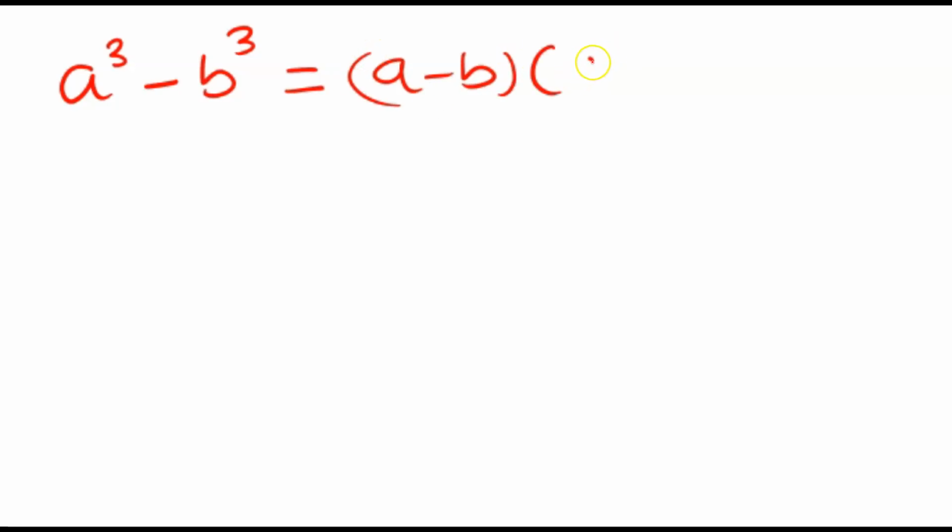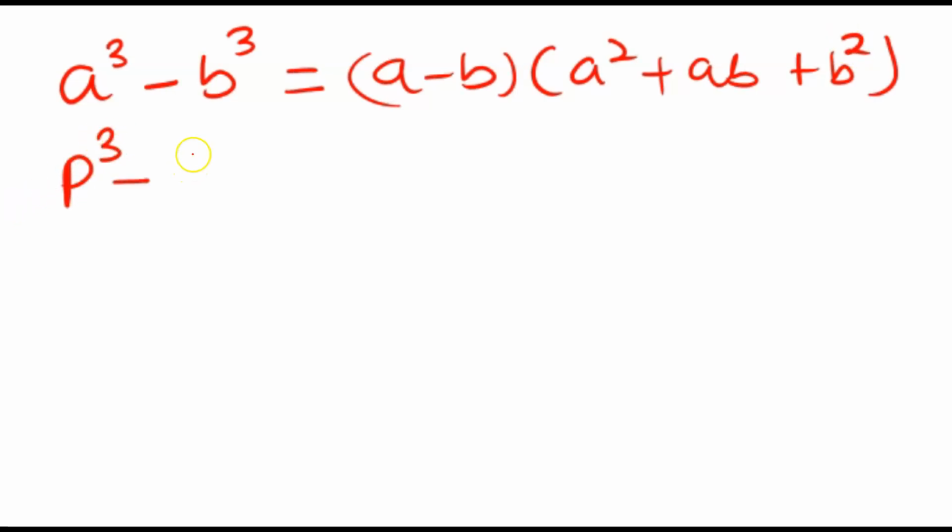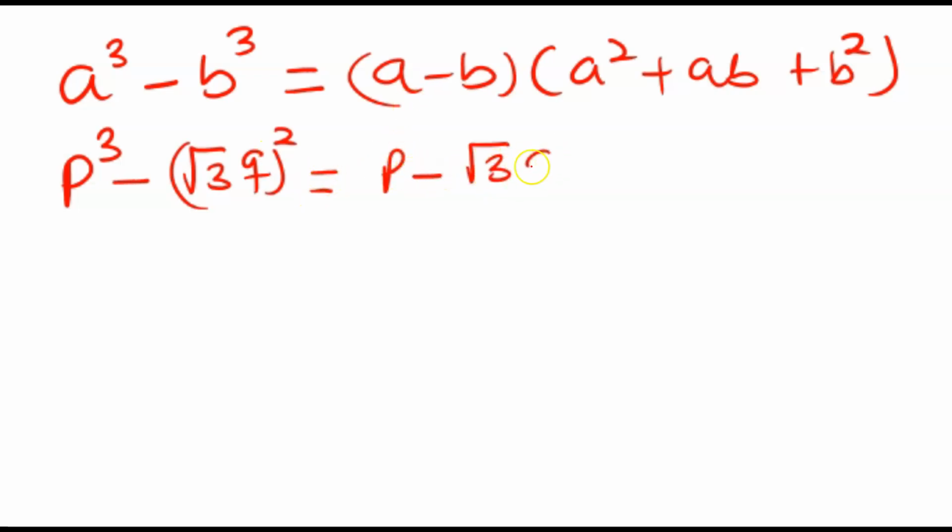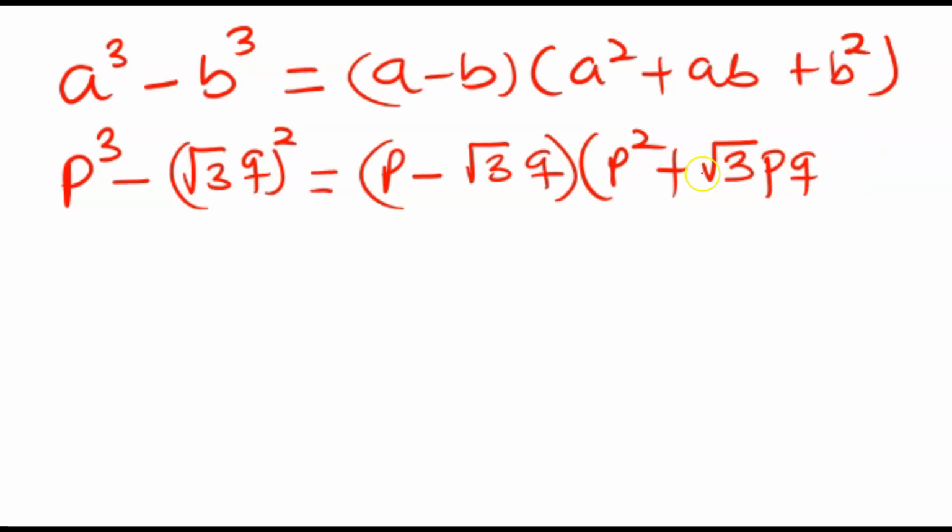From algebraic identities, a³ minus b³ is the same as (a minus b) times (a² plus ab plus b²). So p³ minus (√3)³ becomes (p minus √3) in one bracket times (p² plus p√3, then plus (√3)²).